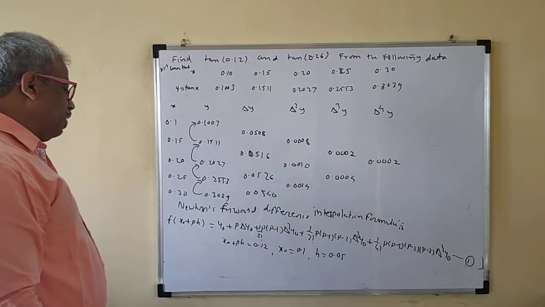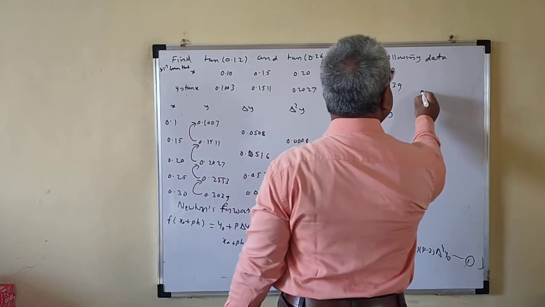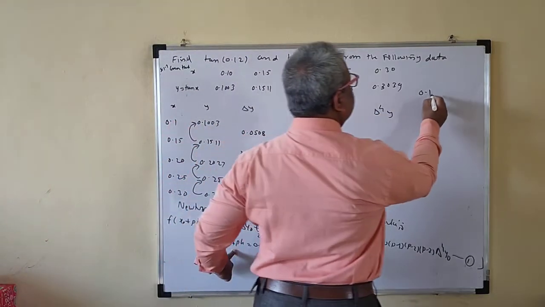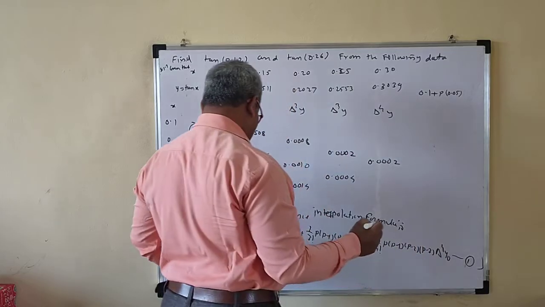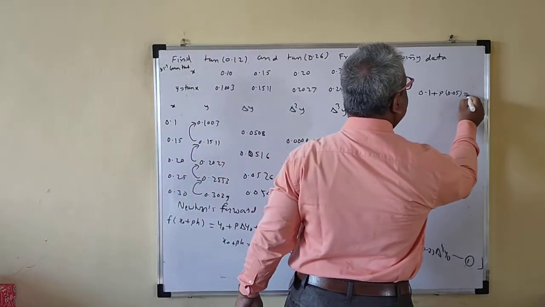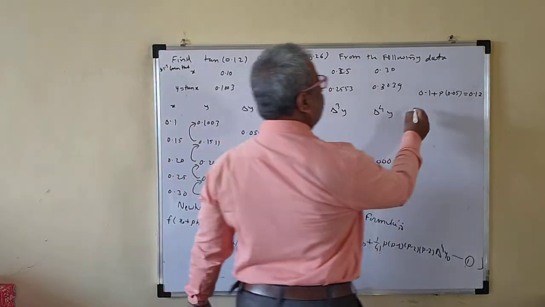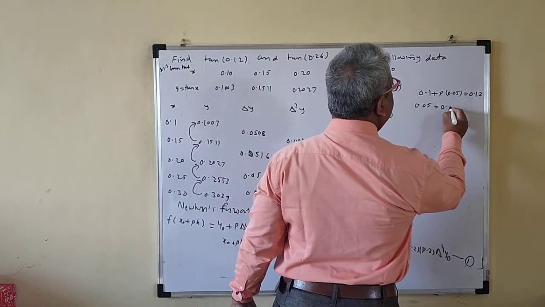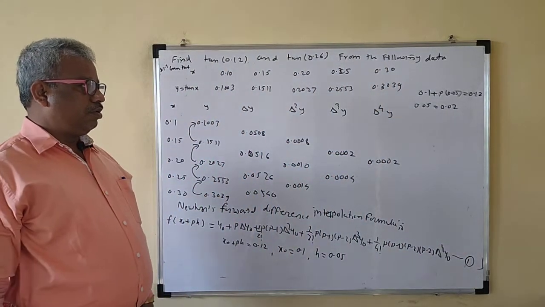You have to find the value of p now. So x naught 0.1 plus p times h, 0.05, is equal to 0.12. So p times 0.05 is 0.02.